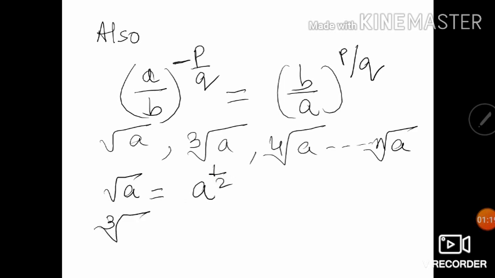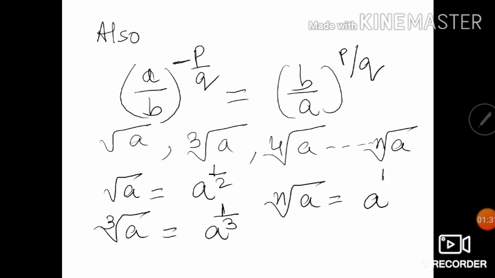Cube root of a can be written as a to the power 1 on 3. Likewise, nth root of a can be written as a to the power 1 on n. With this knowledge, let us start solving some problems.